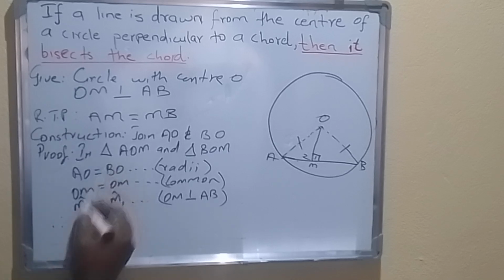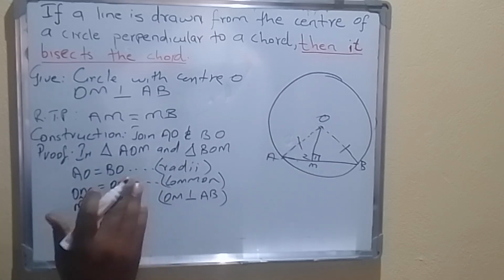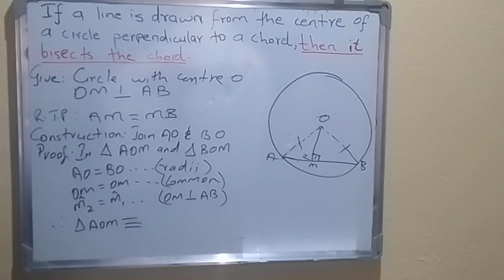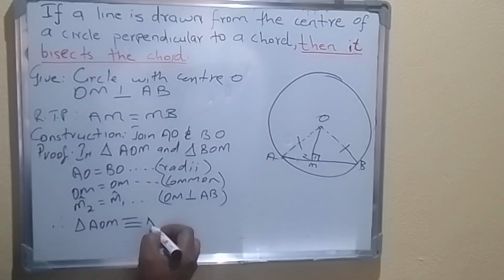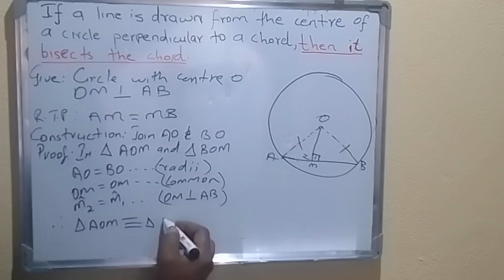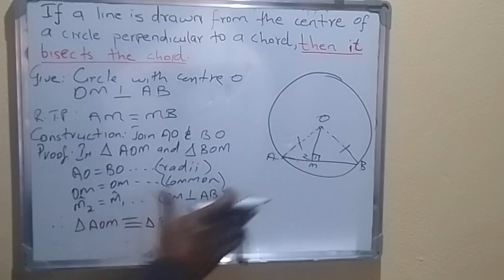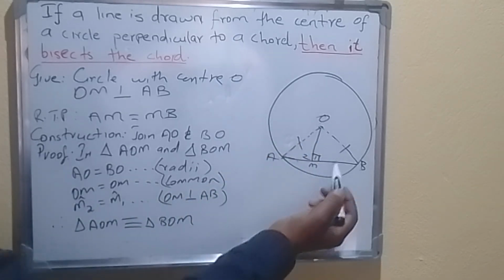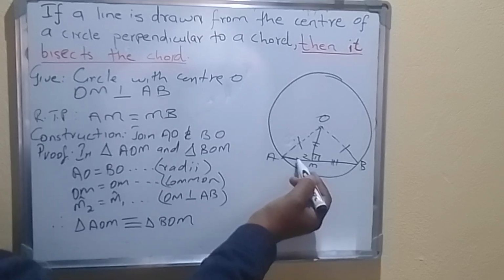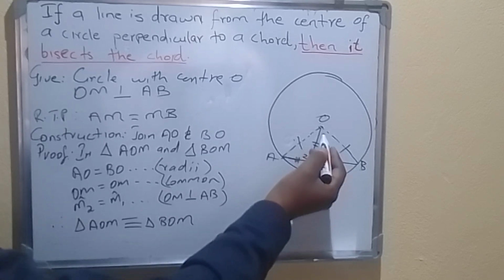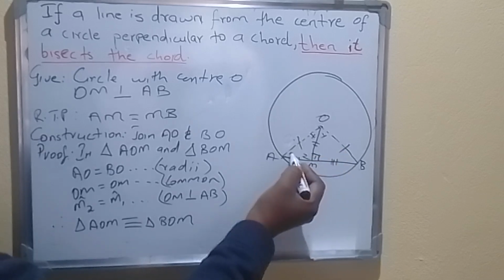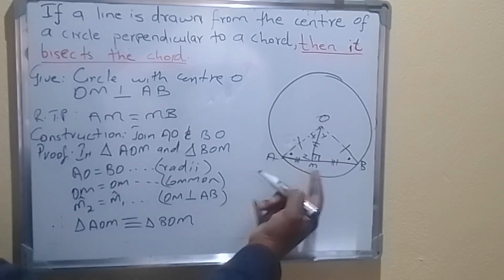So I can say therefore triangle AOM is congruent, meaning it is equal in all respects, to triangle BOM. All the corresponding sides are equal and all the corresponding angles are equal. But I'm interested in AM and MB.